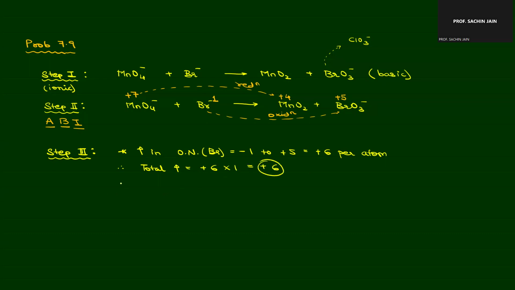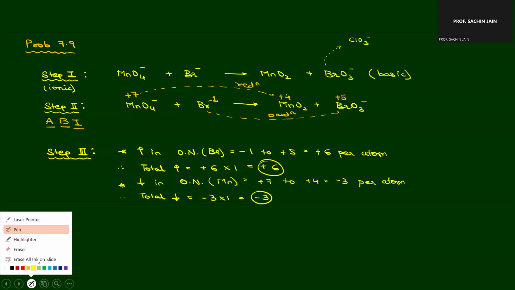So plus 6 is the increase. Similarly, the decrease in oxidation number is happening for manganese from plus 7 to plus 4, which is minus 3 per atom. Therefore, the total decrease would be minus 3 times 1, equal to minus 3.